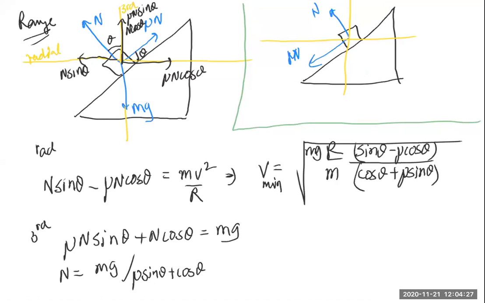There should be no confusion here. mg is here. Okay, and then again you find the components into the same thing, and you get the value of v.